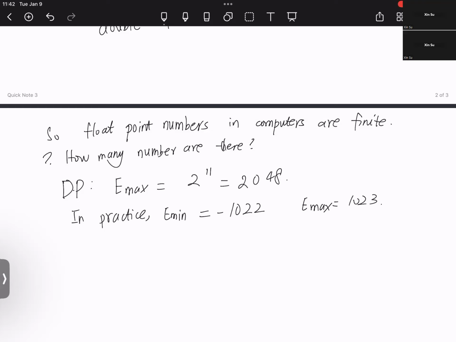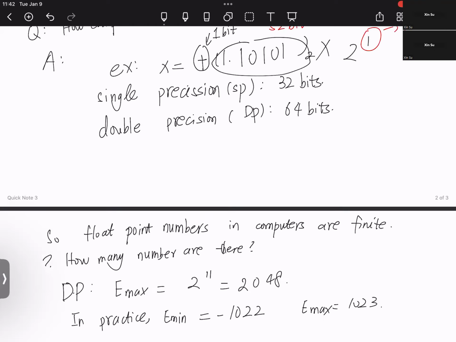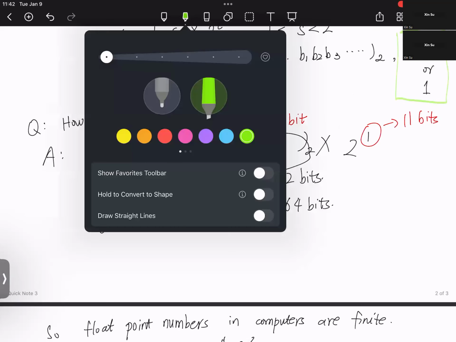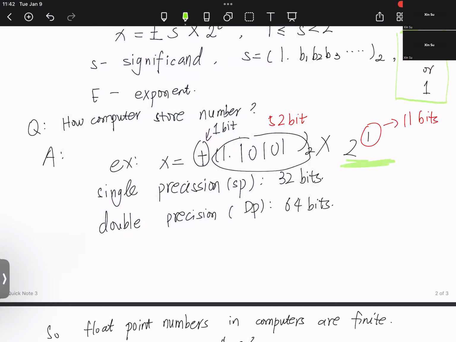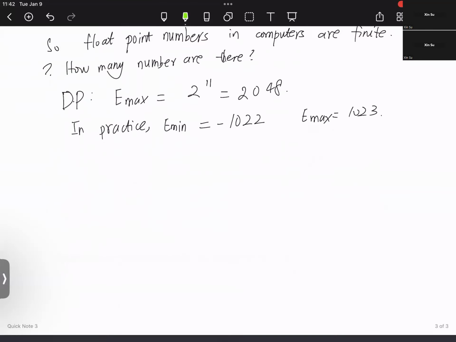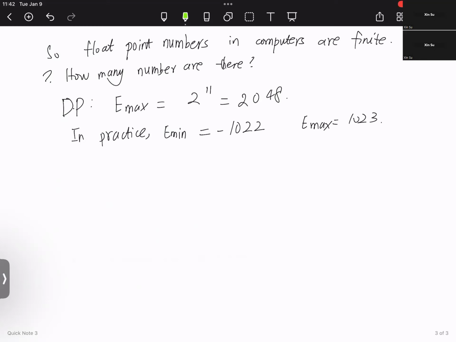We just shift it to the left on the x-axis so that we can represent the negative exponents as well. Does it make sense? We have 11 bits to store the exponent, but we shift it a little bit, and now we get negative exponents. Yeah. Okay.